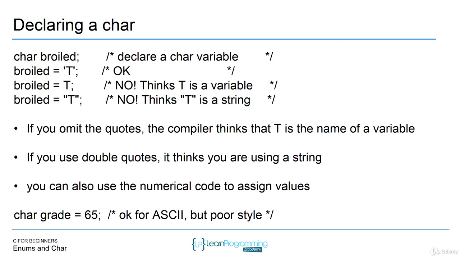So if you assign 65 to grade, it's going to look 65 up in the ASCII table, and it's going to be the equivalent of whatever character that is. And you'd have to look in the ASCII table to see what that character is. Again, this is the way the computer represents certain characters, by numbers. So you can assign numbers to characters. They're just going to be converted to single characters based on what they are in the ASCII table.